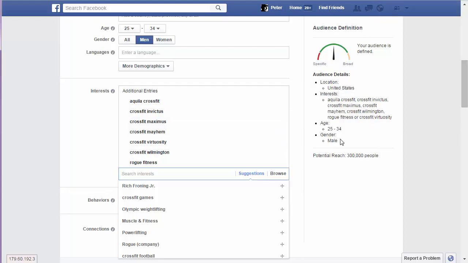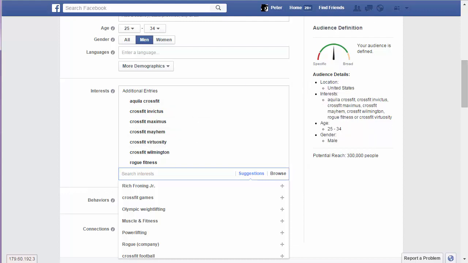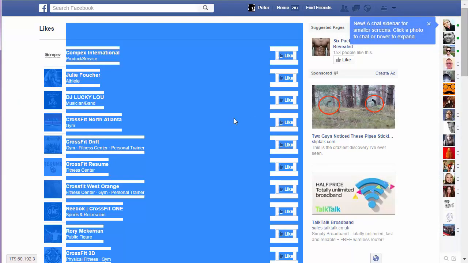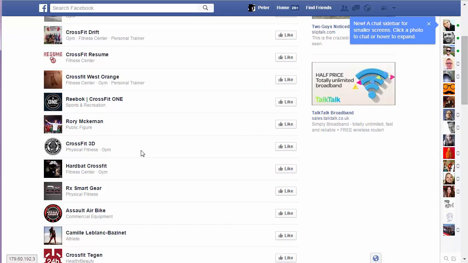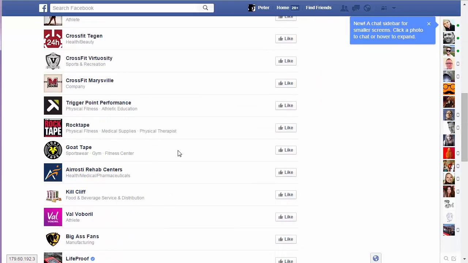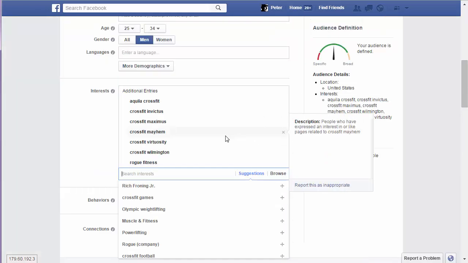So that's given us a massive boost there of people who are potentially interested. So we can expand our audience in that way, and you can see how easy that is. We had to do a little bit of work with Notepad just to pick the ones that we thought were applicable.